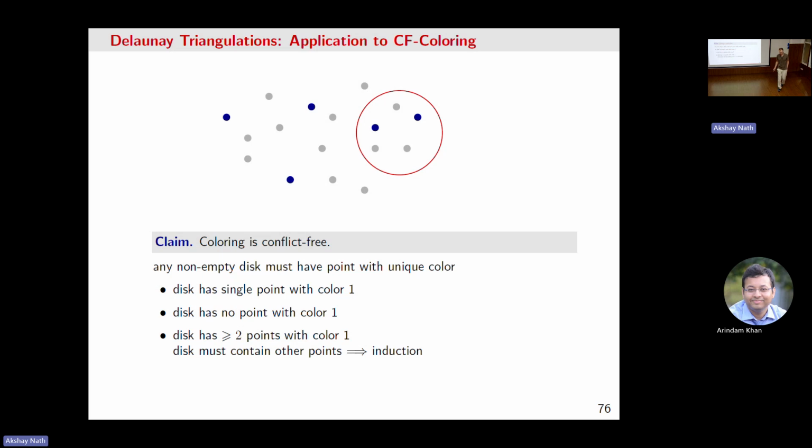I claim that it cannot be that the points of color 1 are the only points inside the disk. If my claim is true, and I do have at least 1 other point, then I can apply my induction again. There must be at least 1 other point.